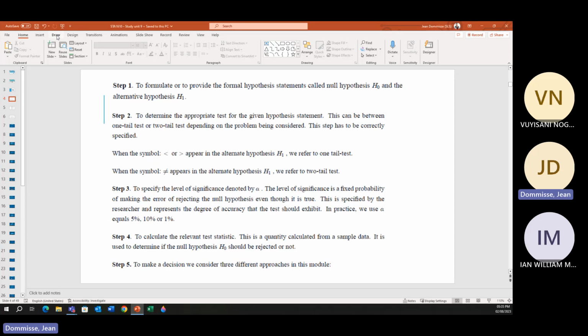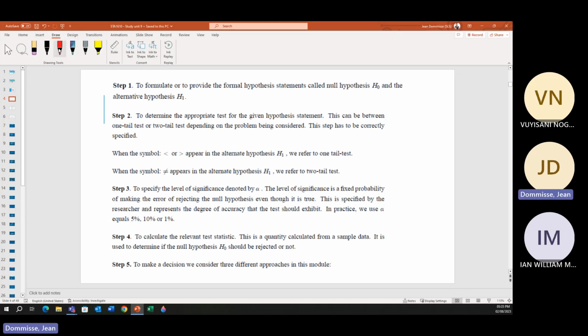identify the hypothesis. So we're going to look at the hypothesis statements. We'll get into detail in the rest of the slides, but there's normally a null hypothesis and an alternative hypothesis, depending on different textbooks.